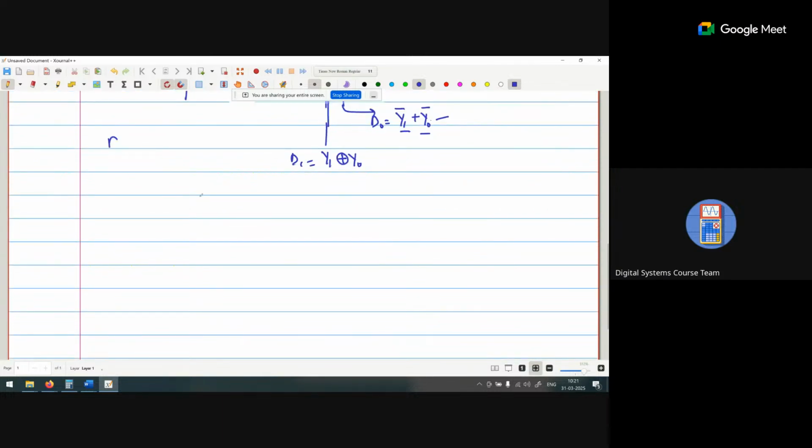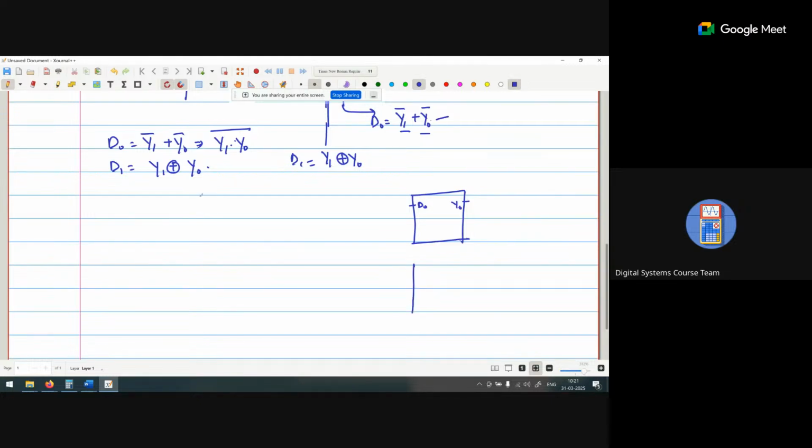D0 is y1 plus y0 bar, or we can say y1 y0 whole bar. And D1 is y1 XOR y0. Now if this is a D flip flop, this is the D0, this is the y0.